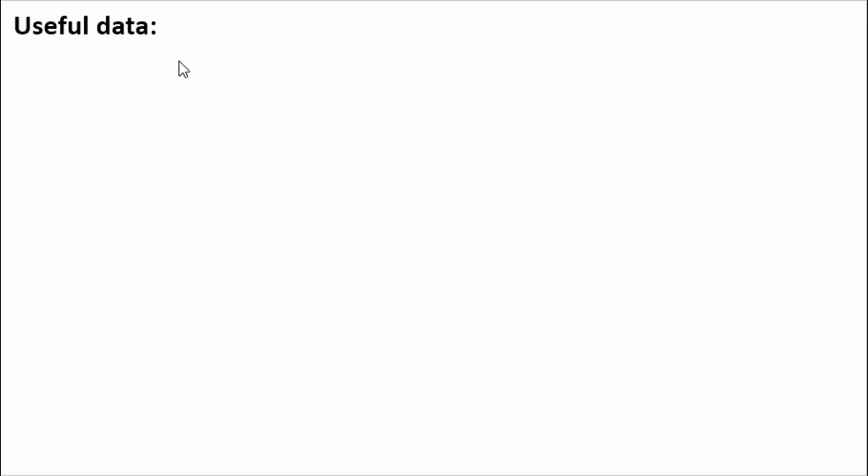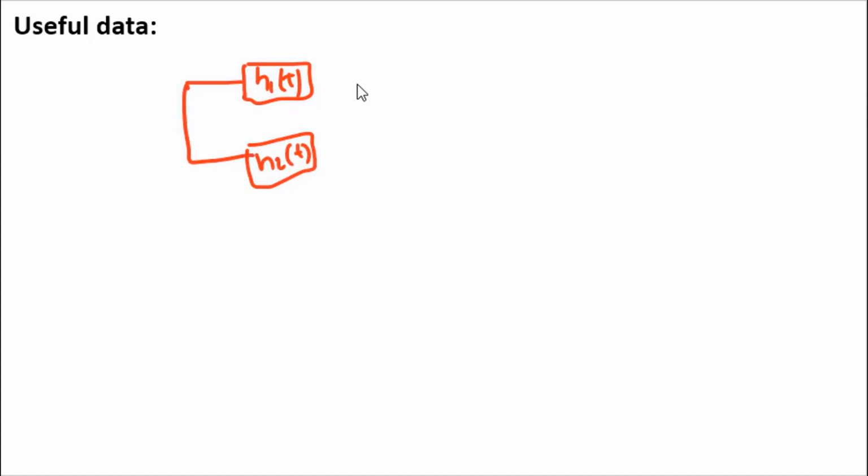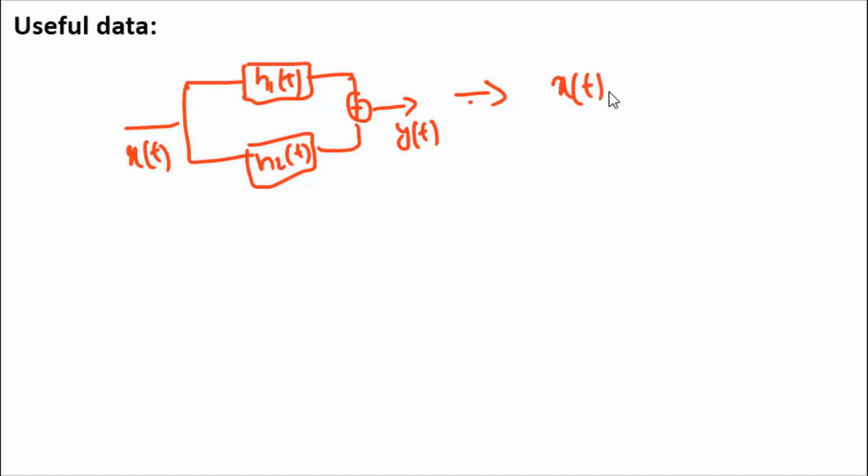So the useful data for this question is, if you have two impulse responses, one is h1 of t and another one is h2 of t, and both these impulse responses are connected in cascade, and the input is x of t and this is your output y of t, then you can reduce this overall system configuration to a single impulse response system, that is h of t, where h of t is given by h1 of t plus h2 of t.